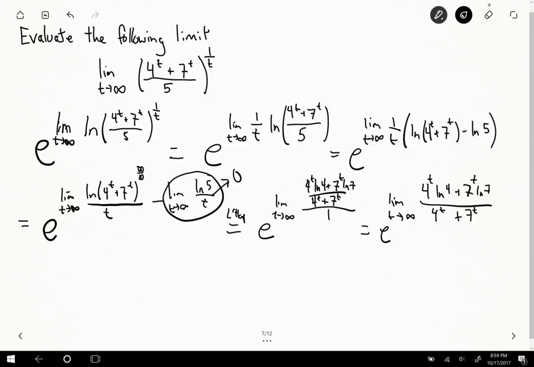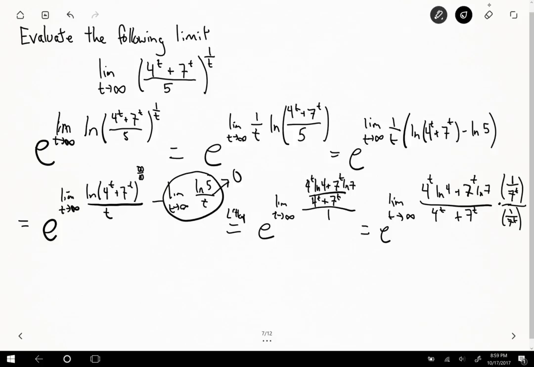So with this in mind, we'll try and simplify this a little bit. Notice the higher of these two values with our base is the 7 to the t. So we'll take a 1 over 7 to the t, but I can't just do that and multiply willy-nilly. If I do it on top, I have to do it down below.